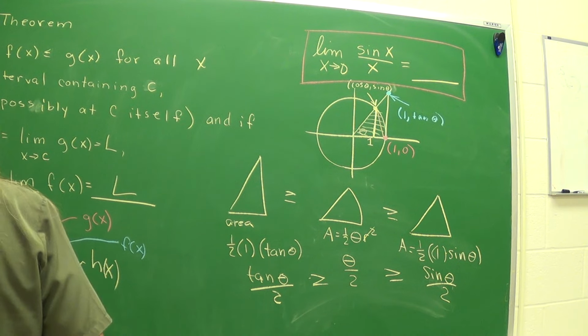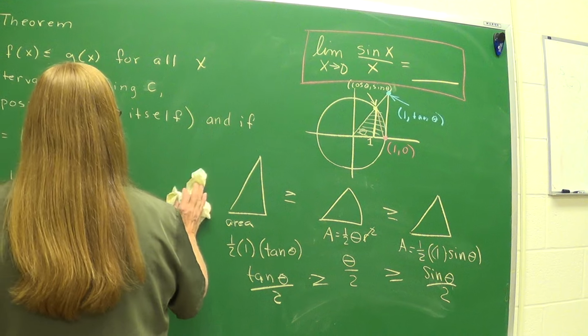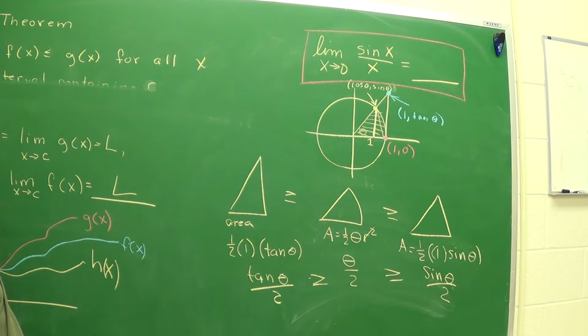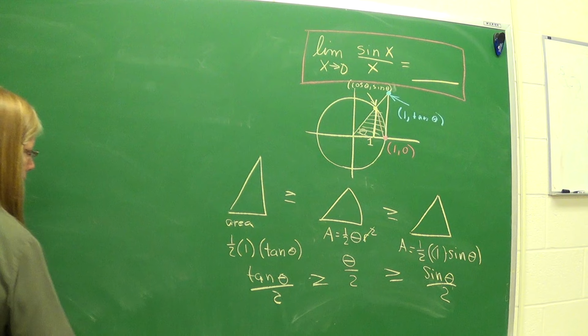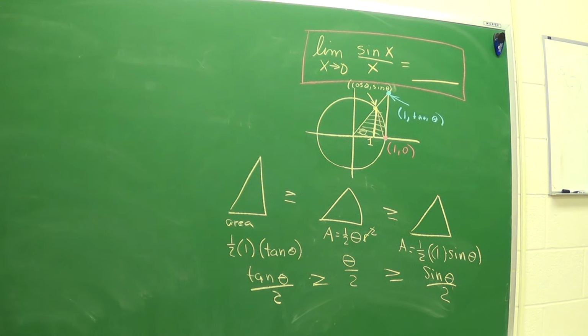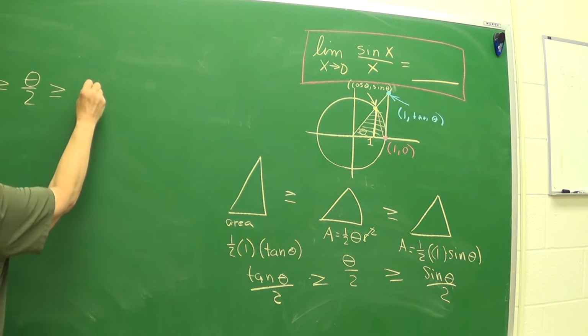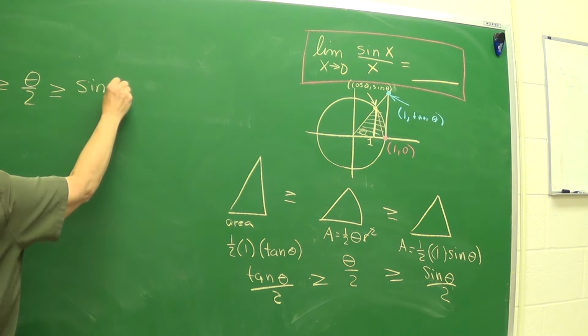I don't think I need the squeeze theorem in all its glory. So let me make some room here. Repeating that, tangent theta over 2 is greater than or equal to theta over 2, which is greater than or equal to sine theta over 2.